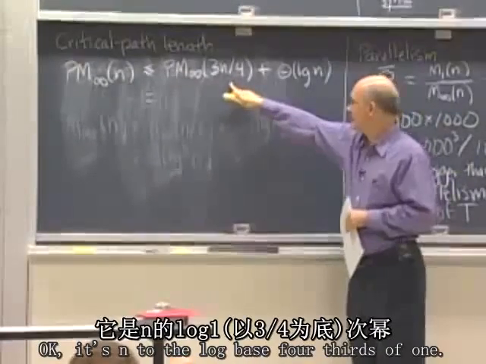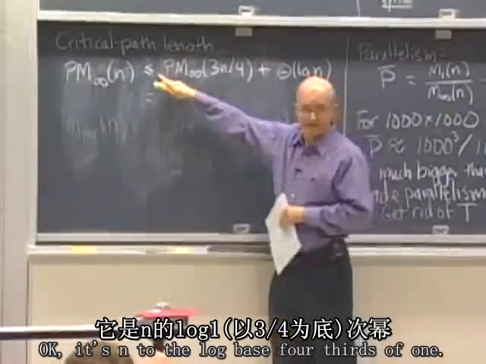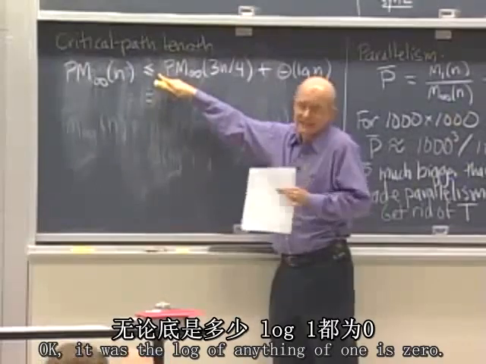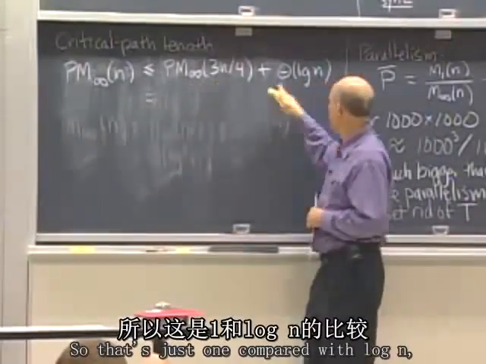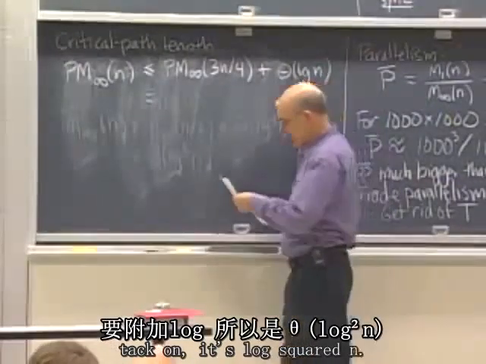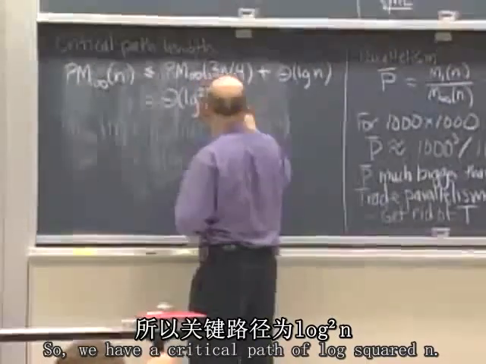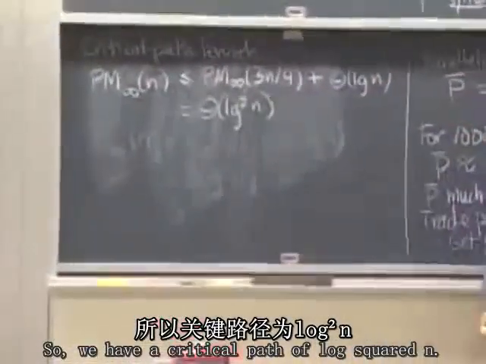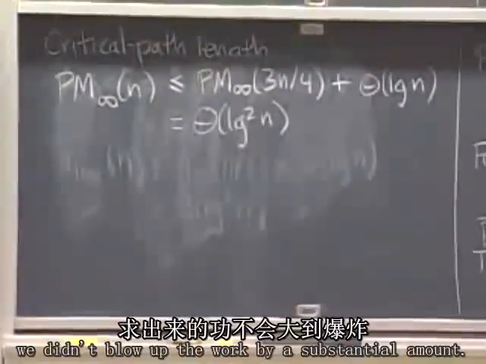It's n to the log base 4/3 of 1. n to anything of 1 is 0. So it's n to the 0, so that's just 1 compared with log n. Tack on, it's log squared n. So we have a critical path of log squared n. That's good news. Now, let's hope that we didn't blow up the work by a substantial amount.